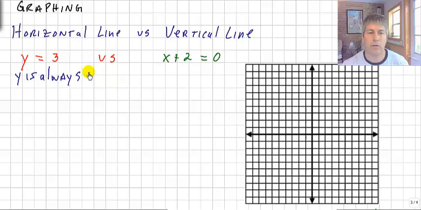If y is always 3, 1, 2, 3, y is 3 here, but it's 3 there, and 3 there, and 3 there, and 3 there. So all those locations, y is always 3. So apparently, y equals 3.